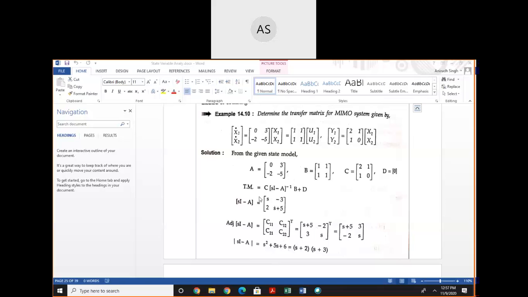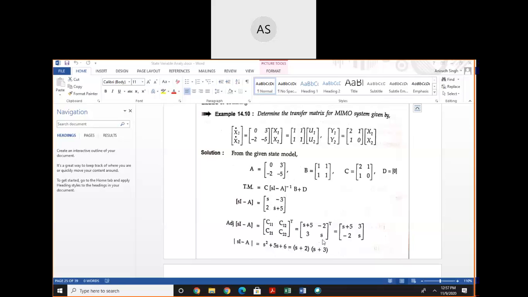C12 is first row, second column, and since it is 1 plus 2, the sign is minus, minus raised to power 3, so minus 2.